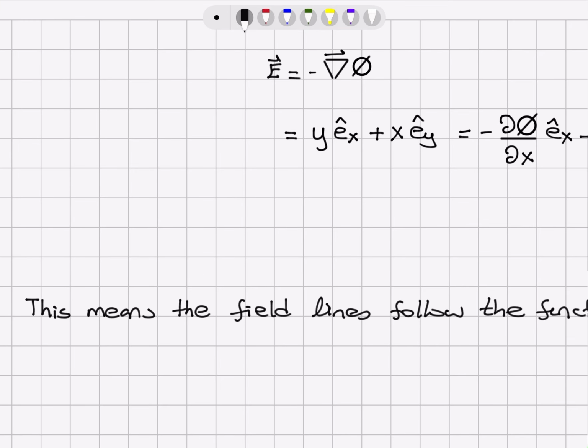And what does it say? It says that the electric field's y component is equal to x and the electric field's x component is equal to y, such that at each point in space, the y component of the electric field divided by the x component of the electric field is x over y.